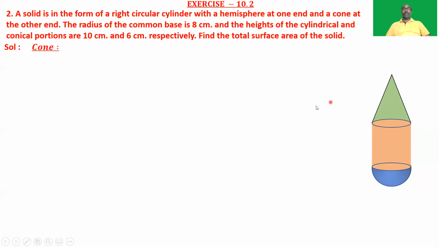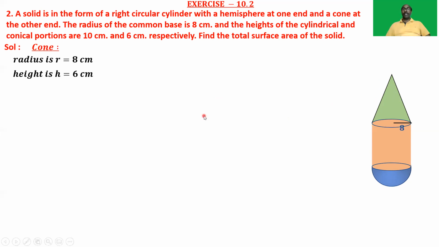For the cone, the measurements given are that the radius is 8 centimeter, because it is given that the radius of the common base is 8 centimeters, and its height is 6 centimeters. The curved surface area of the cone we have is pi RL, but the value of L, that is the slant height, is not given in the problem.